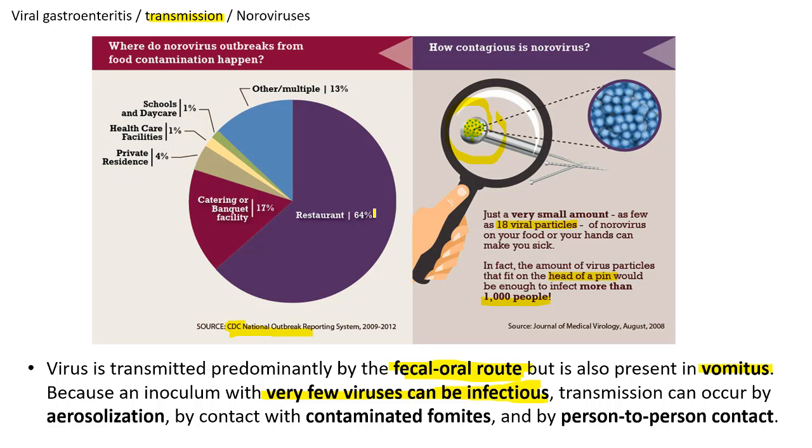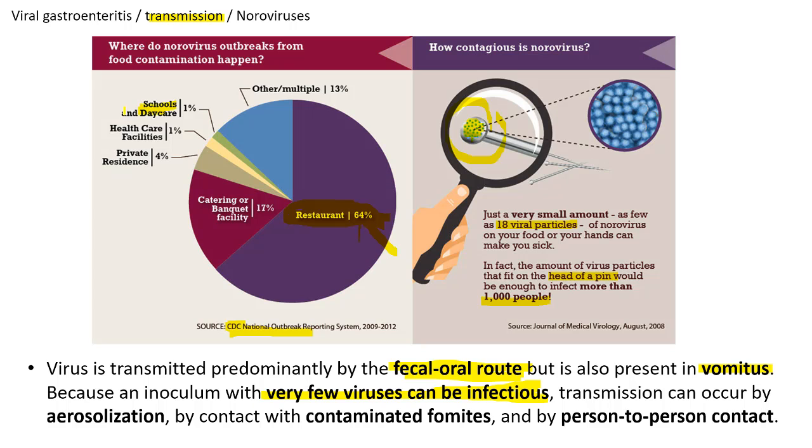And most of this contamination happens in restaurants. So the outbreaks will take place in restaurants, and we'll have an interesting case report during this lecture where we will look at that.